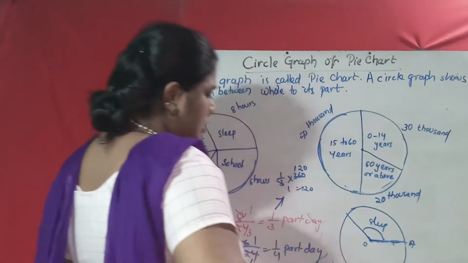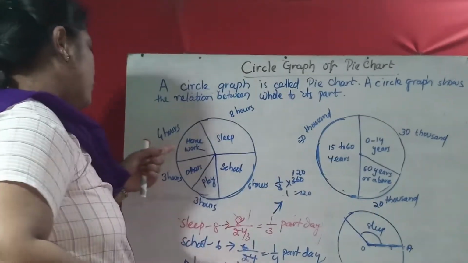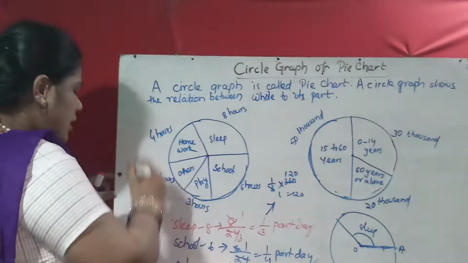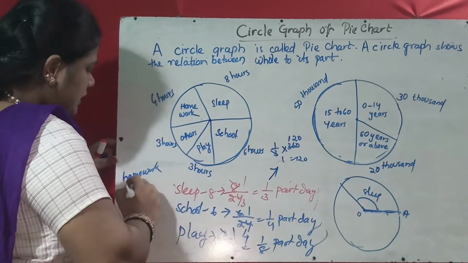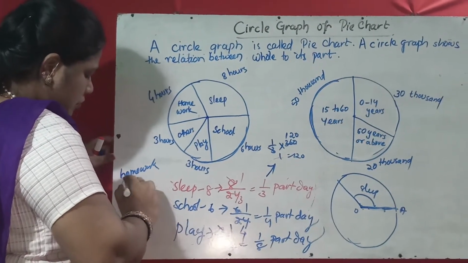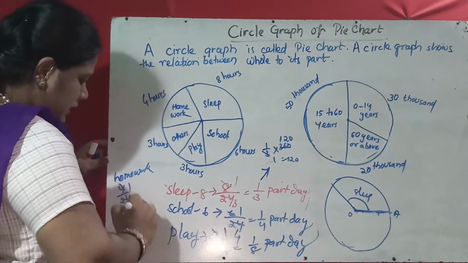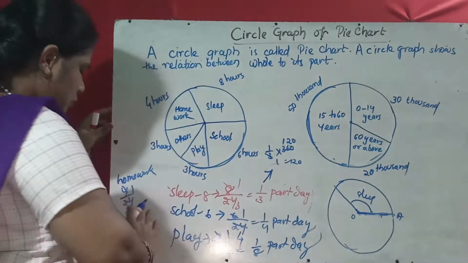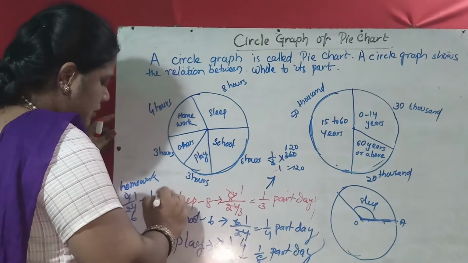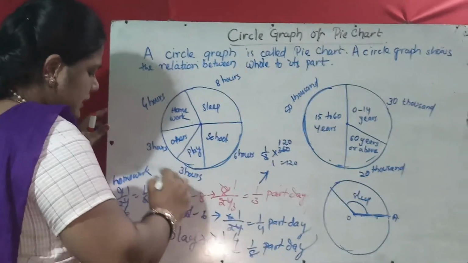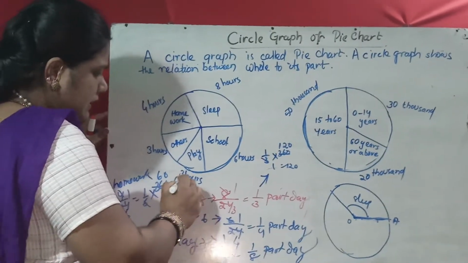Like this you draw. Again, suppose homework is 4 hours. So homework 4 hours means 4/24, that is 1/6. So 1/6 of 360 degrees: 6 times 60 is 360. So you get 60 degrees.